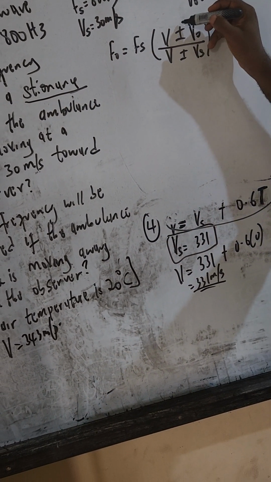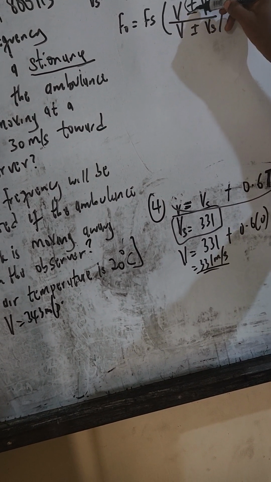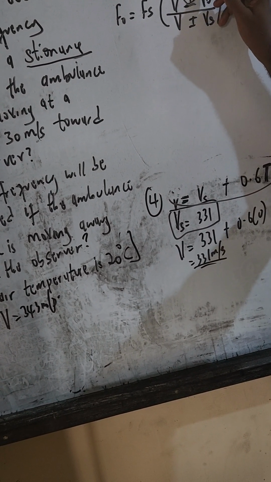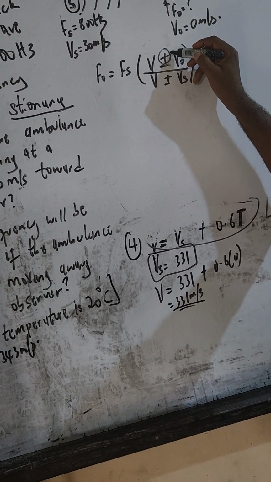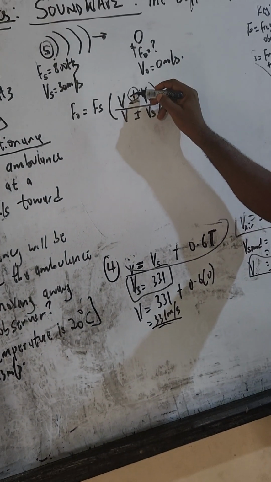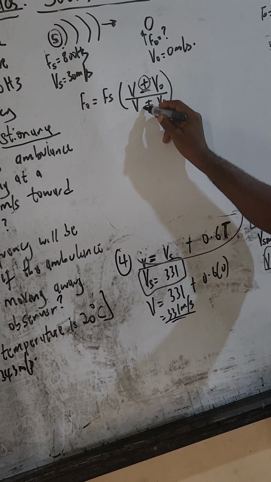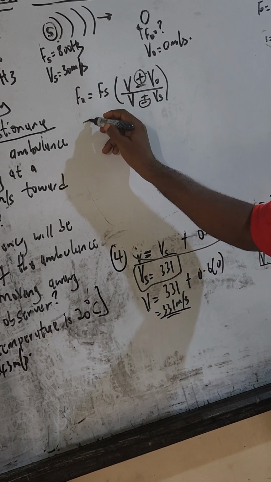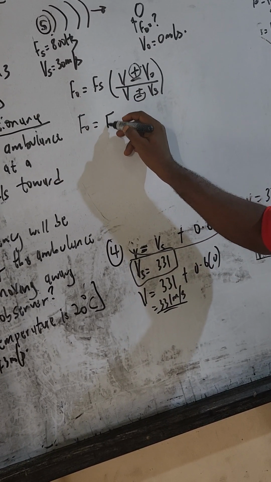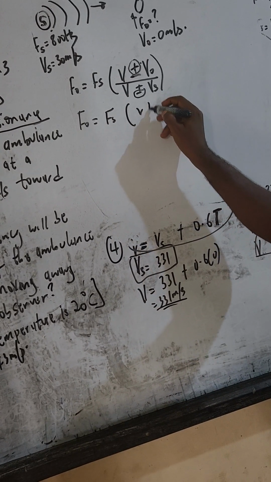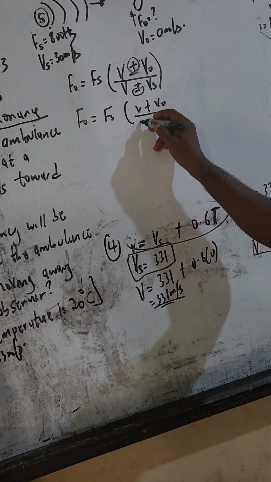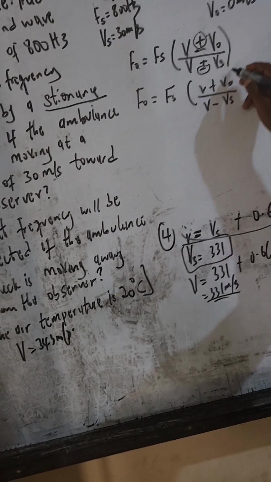So, because of the increment, we are going to take the positive sign on top in this formula. And for this fraction to increase, we are going to take the negative sign down. So, this formula now turns to this format: V plus V0 divided by V minus V source.